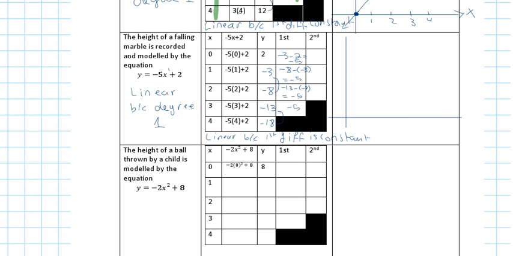So I would put my x-axis somewhere right here because I need my negatives. So that's 1, 2, 1, 2, 3, 4. I might not be able to fit all the points.